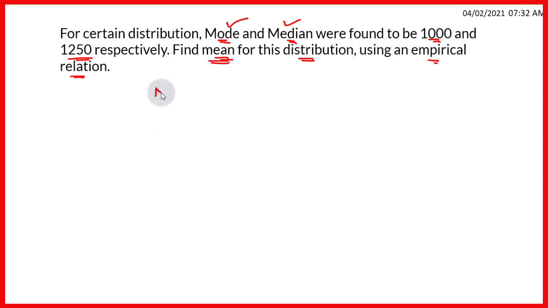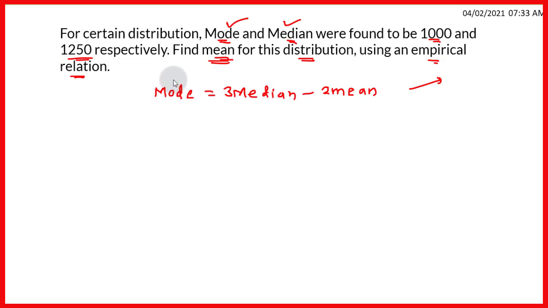So here it is, mode is equal to thrice of median minus twice of mean. This is the empirical formula. Remember, questions are asked on this formula. Sometimes mean and median will be given to you and you will be asked to find the mode.